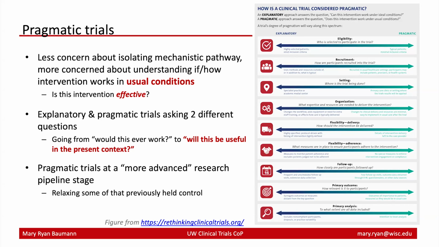And because of this, I think of pragmatic trials as being in a slightly more advanced stage of the research pipeline, because we're moving beyond this need to observe this under very controlled conditions. So maybe moving beyond the discovery phase into the actual implementation of the intervention itself.